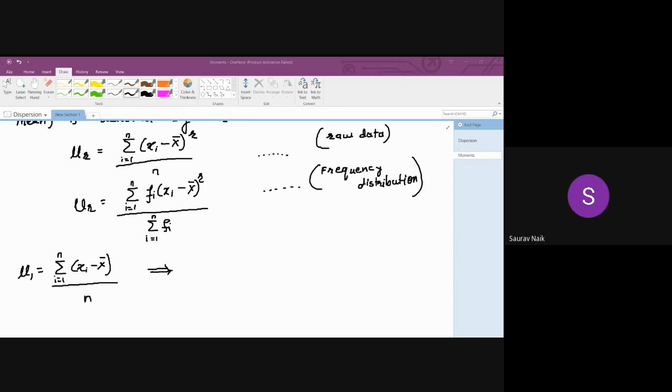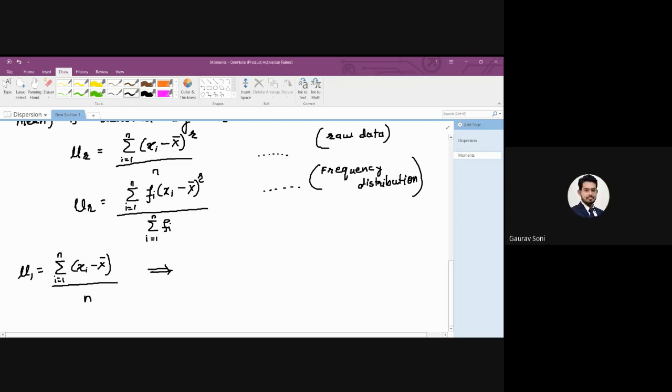Sir, to simplify, I think we can write mu1 is equal to summation xi upon n minus summation x bar upon n. So what will be the value then? X bar minus x bar by n. X bar minus x bar, by n. So the answer is 0.